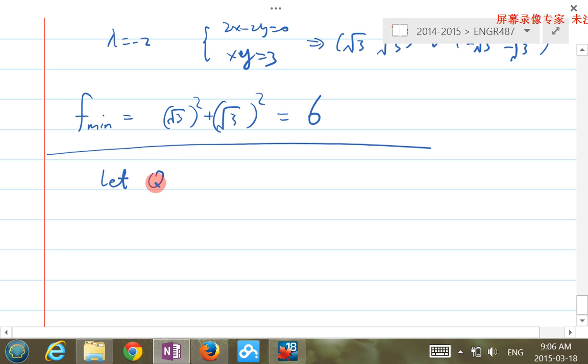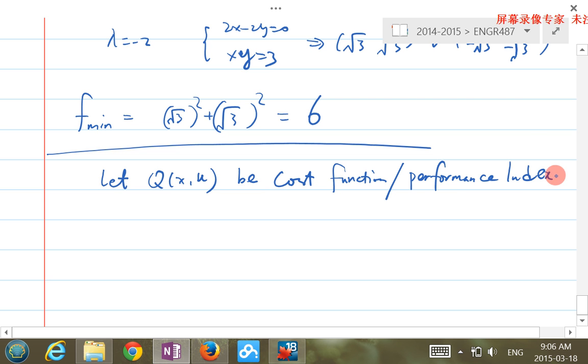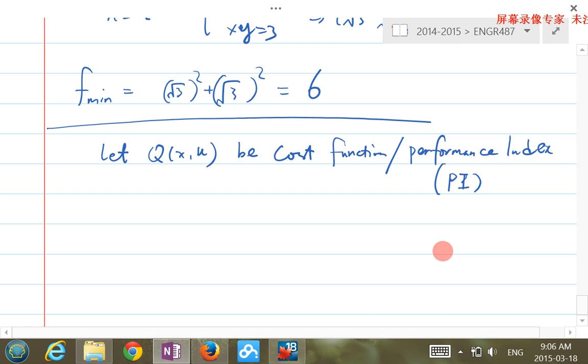Let's let this Q of x, u be the so-called cost function, or sometimes we also call it performance index, PI. And maybe u is a control input.